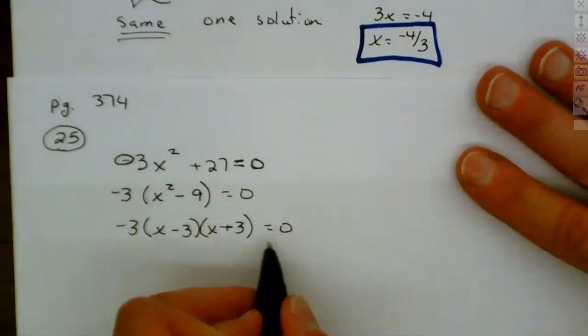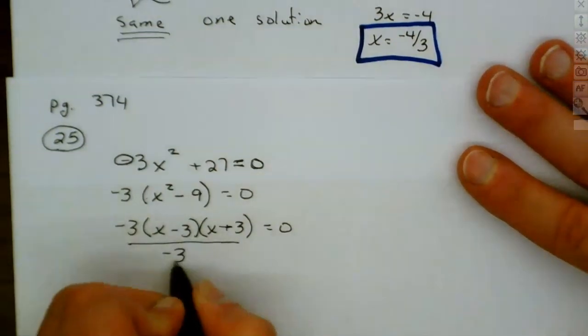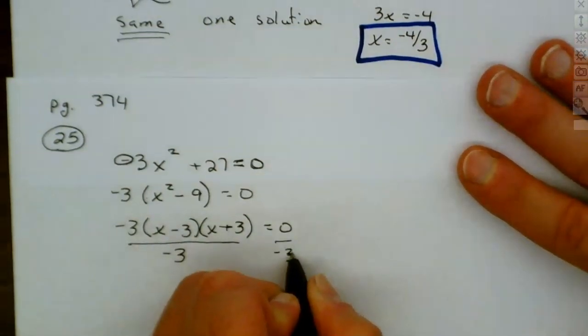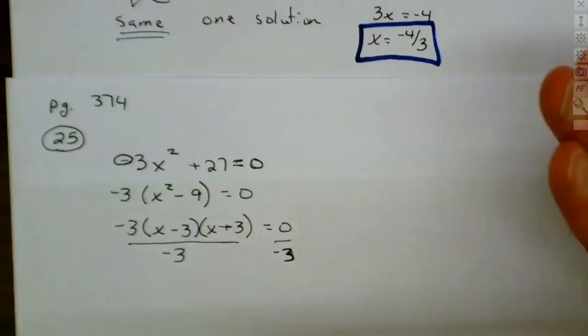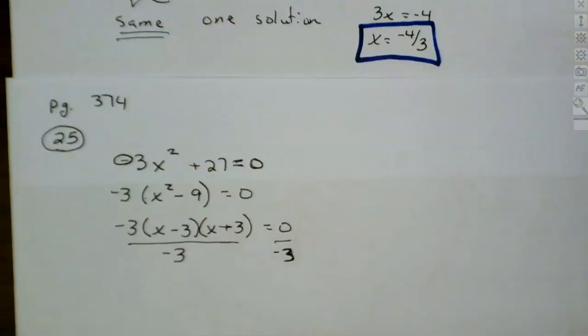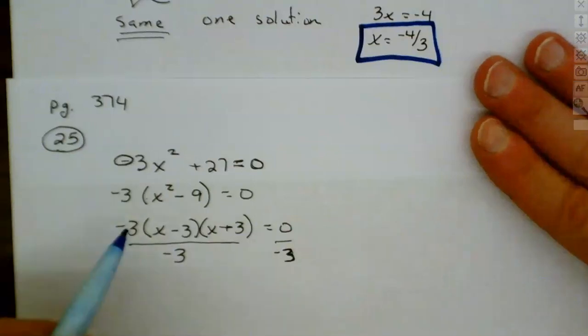So we got to this point. We factored out our negative 3, so we can divide both sides by negative 3. Now, why did I do that? If you have an x with it, you can't. But if you have a number out in front, you can just divide it out. We factored out that negative 3. And what about these? Well, those can cancel, right?